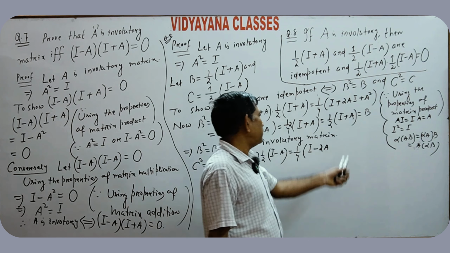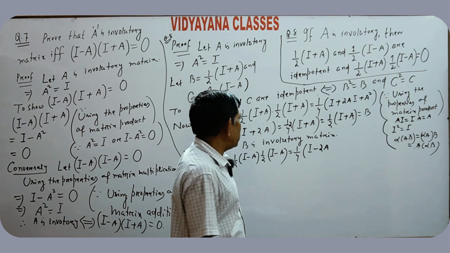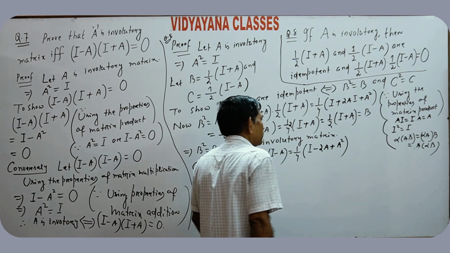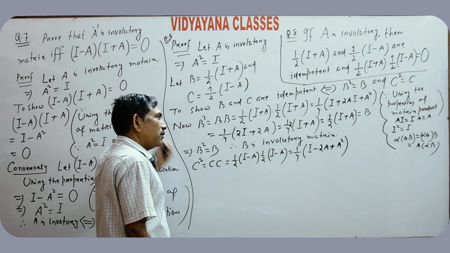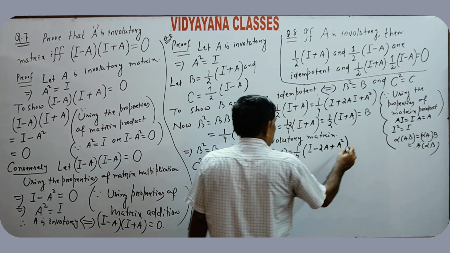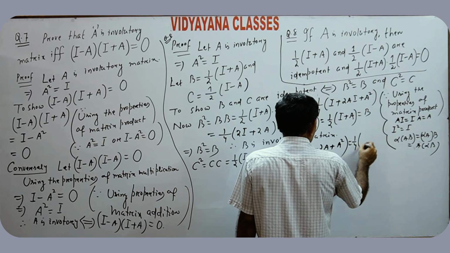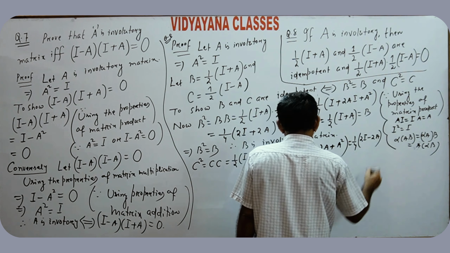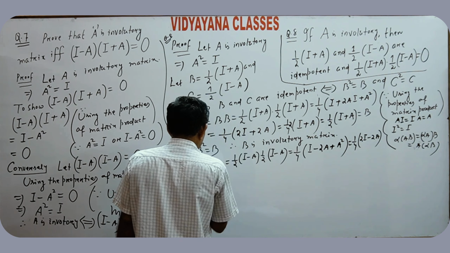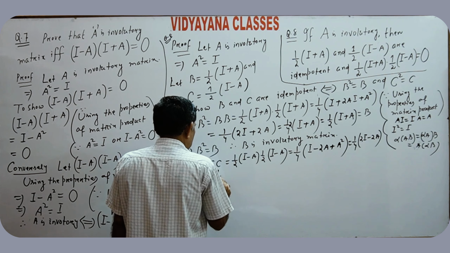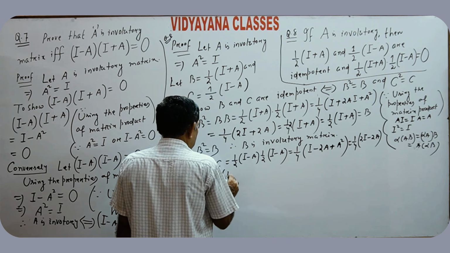Similarly, we can show I minus 2A plus A square, which is the same as 1 by 4 (2I minus 2A), which is the same as 1 by 2 (I minus A).